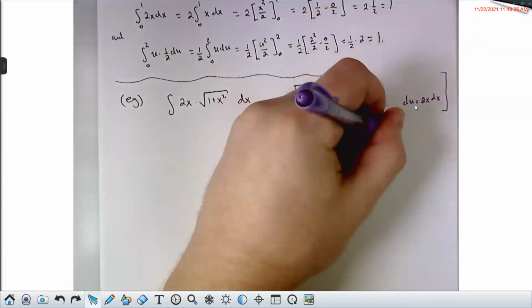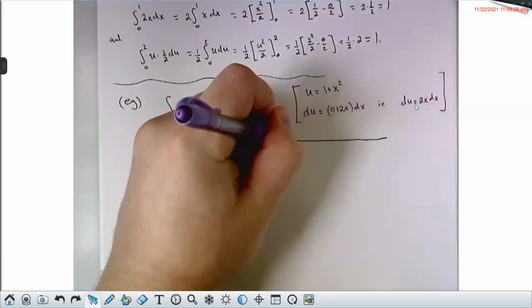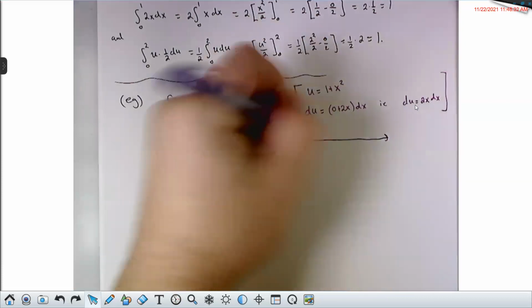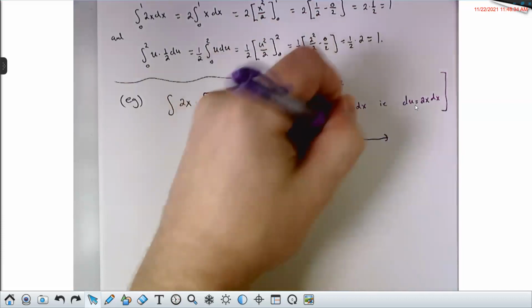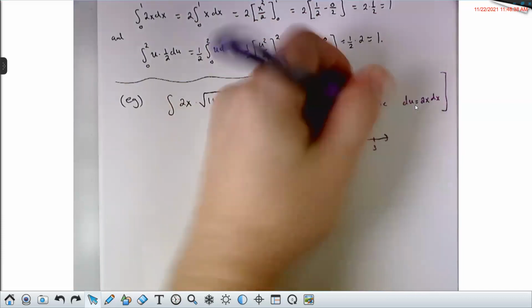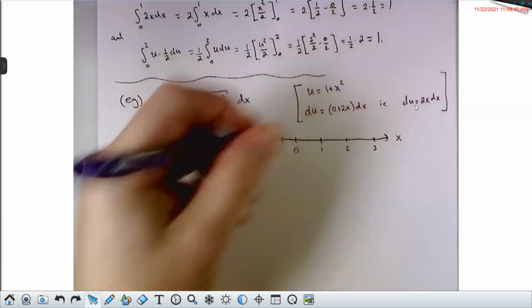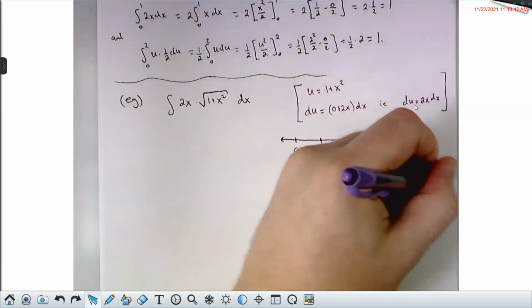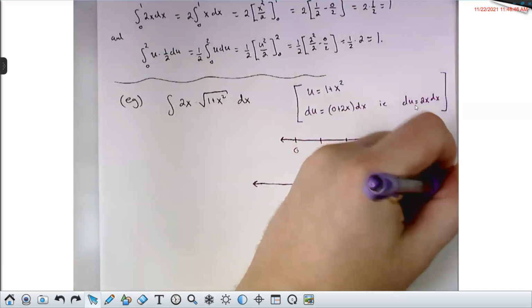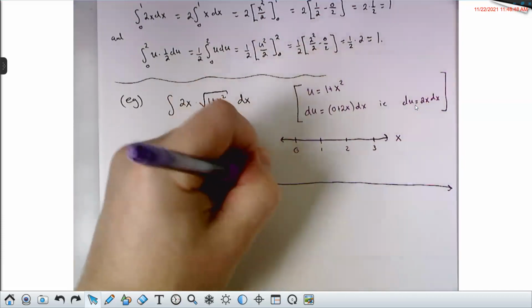If I draw here, I'll put 0 over here, 1 here, 2 here, 3 here. This is my x-axis. What this means is that my u-axis is going to be quite a bit longer.